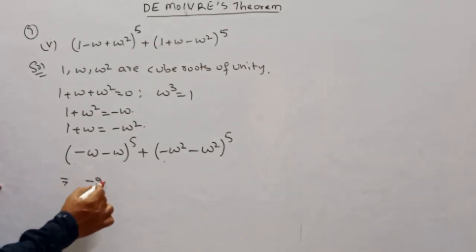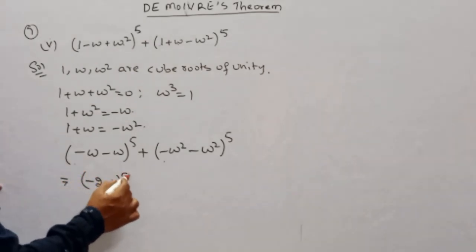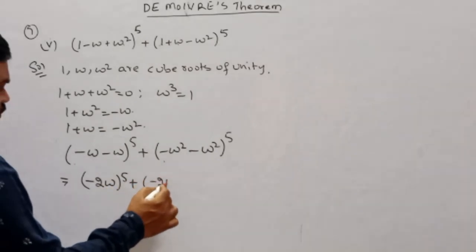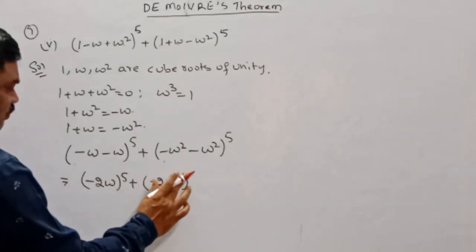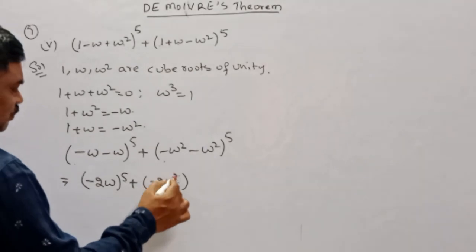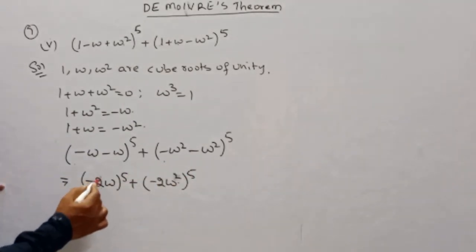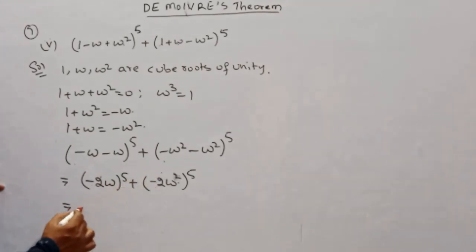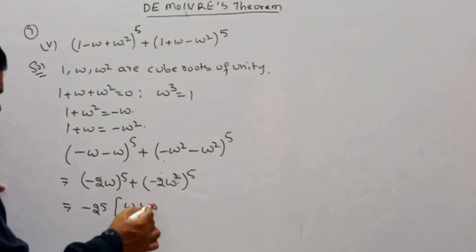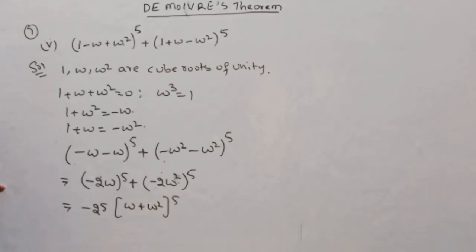This is (minus 2 omega) whole power 5 plus (minus 2 omega square) whole power 5. So (minus 2) power 5 times (omega plus omega square) whole power 5.